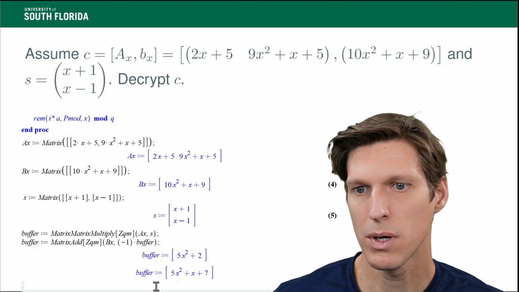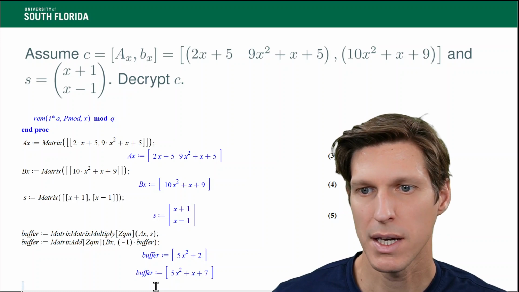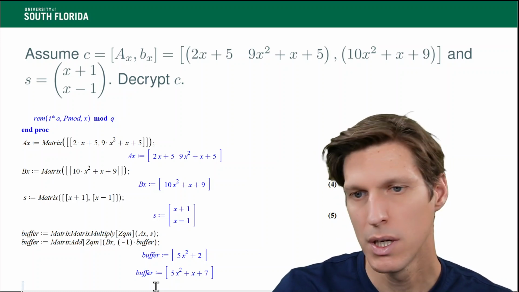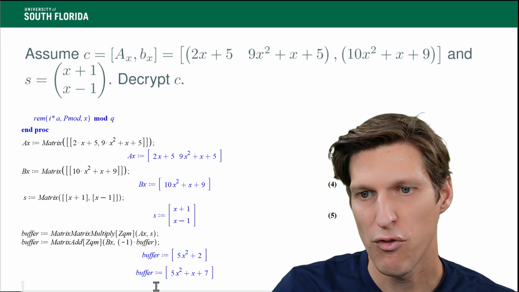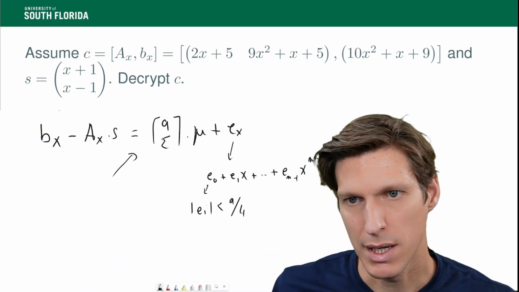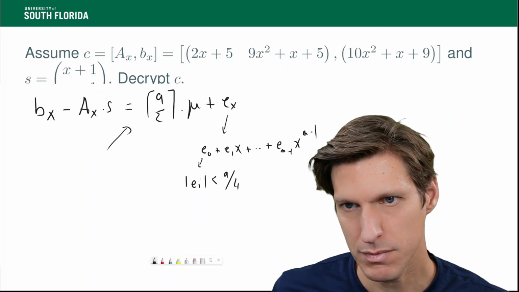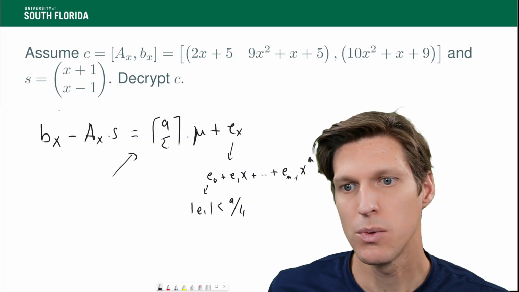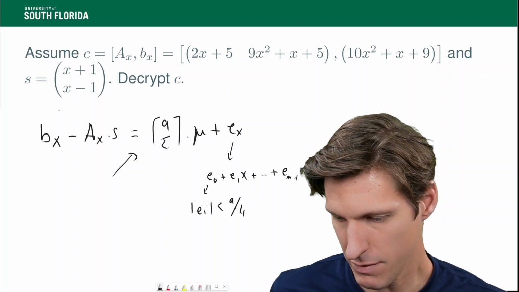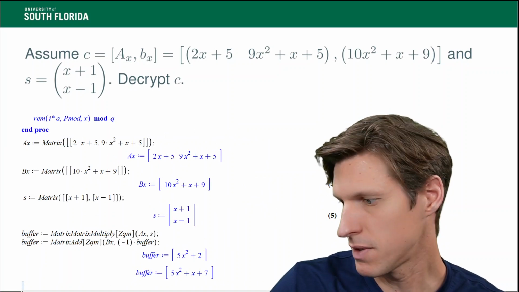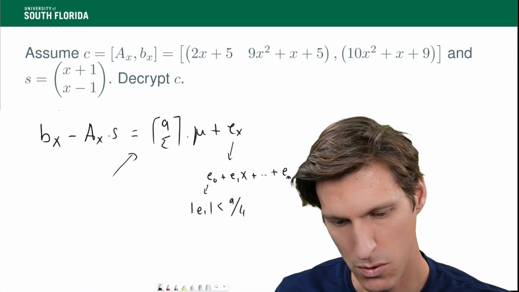And this is 5x squared plus x plus 7, and then we're going to go back to the drawing board to analyze that. So remember 5x squared plus x plus 7.